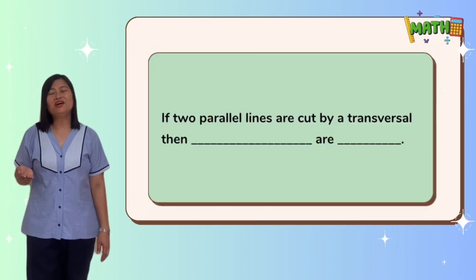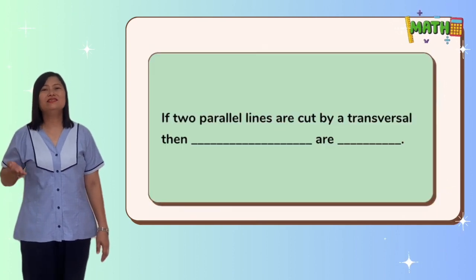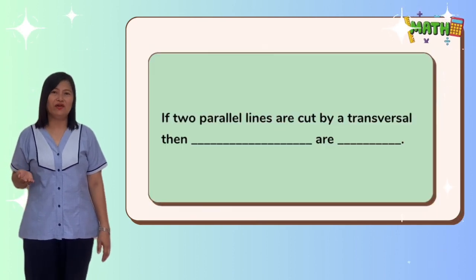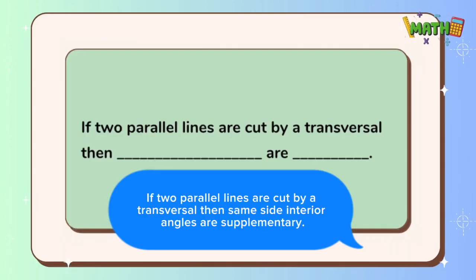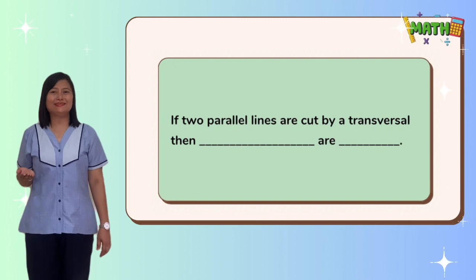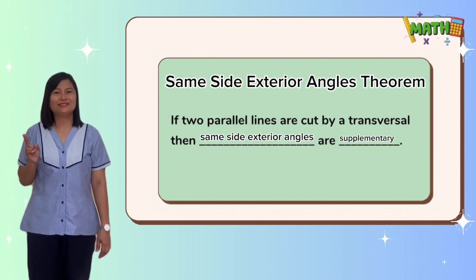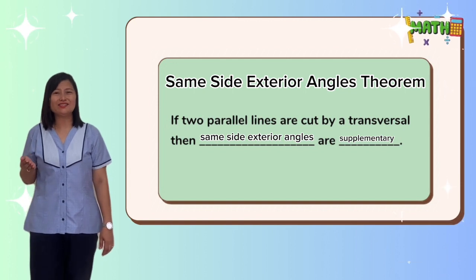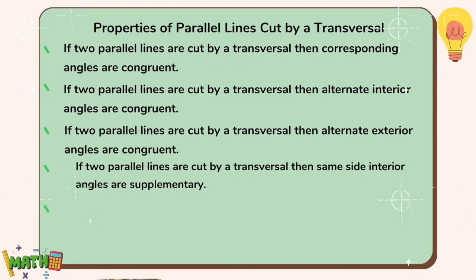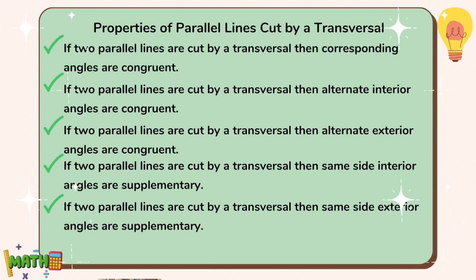What then can you conclude about same side exterior angles? Very well said. That is the same side exterior angles theorem, children. My dear students, these are the properties of parallel lines cut by a transversal.